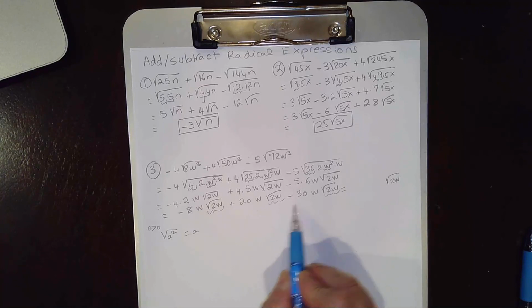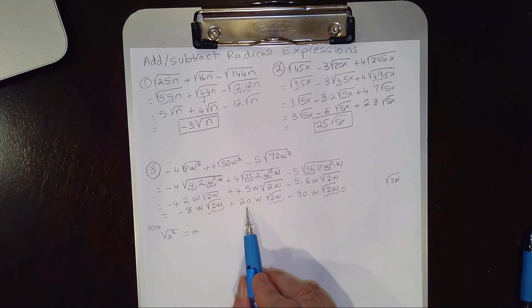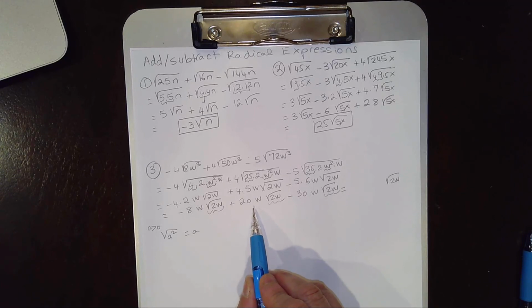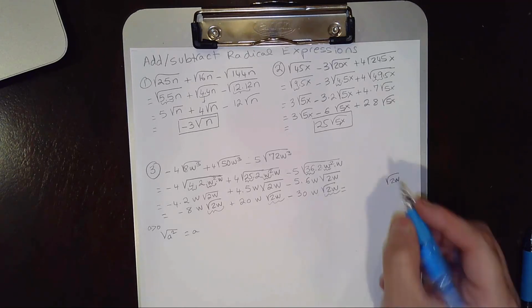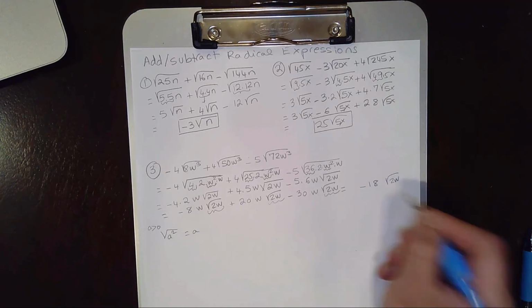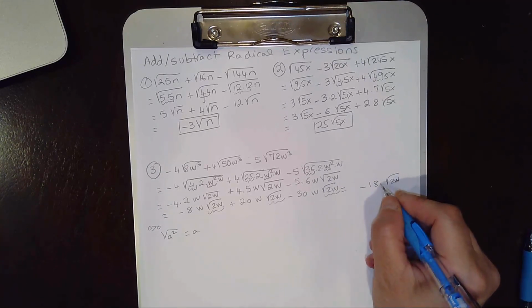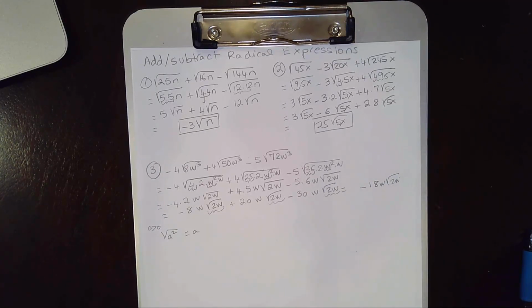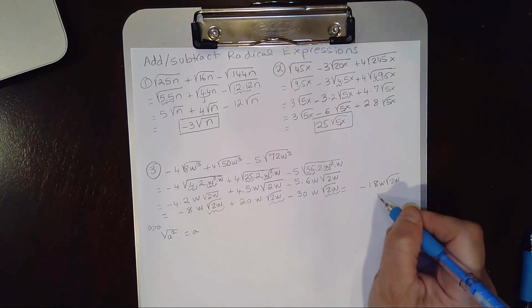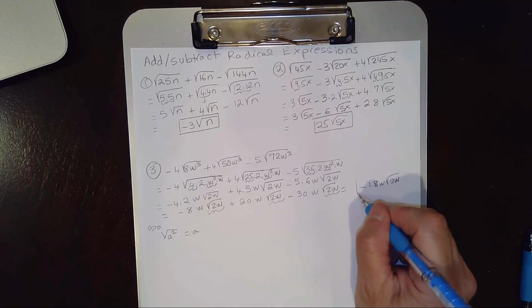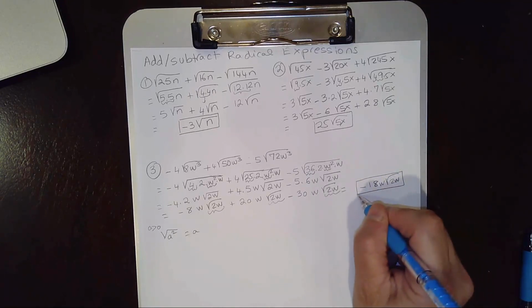That's going to be negative 8 plus 20, that's 12w. 12 minus 30 is negative 18. And don't forget the w. We have w in every term here. So we have negative 18w square root of 2w, and that is your answer.